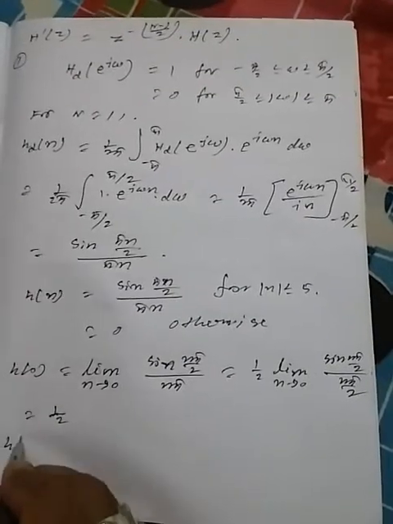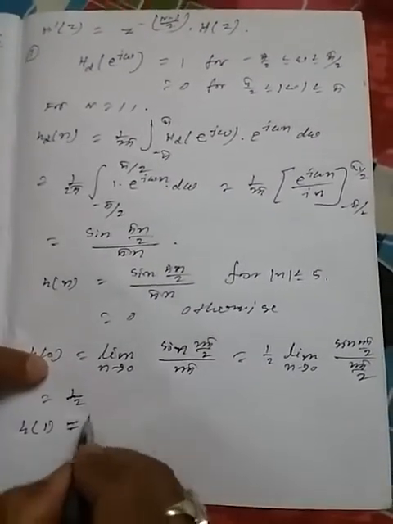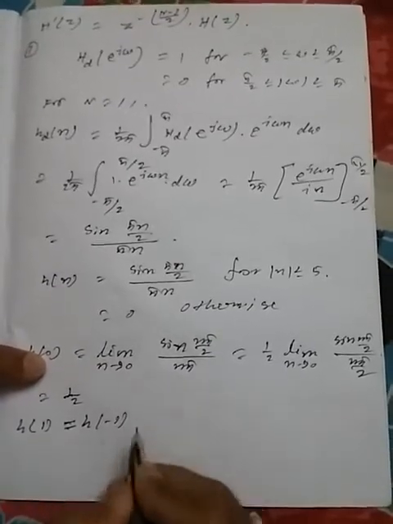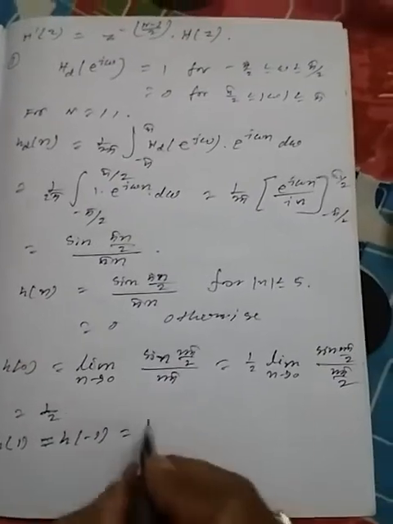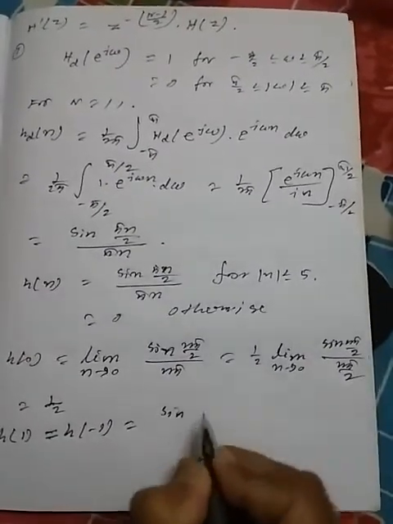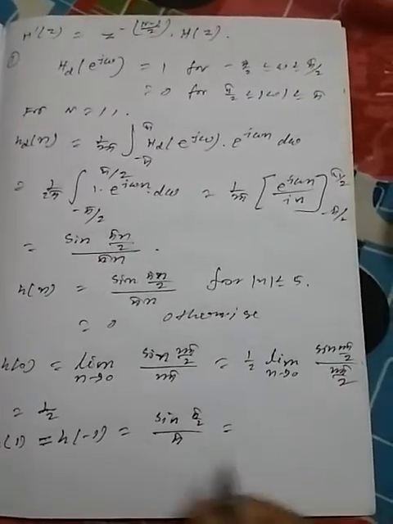Then h1. h1 has the value equal to h(-1) for a symmetric filter. Okay, so h1 will be equal to h(-1), that will be equal to sin(π/2) by π.